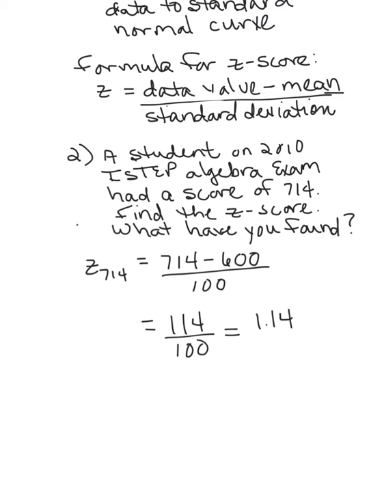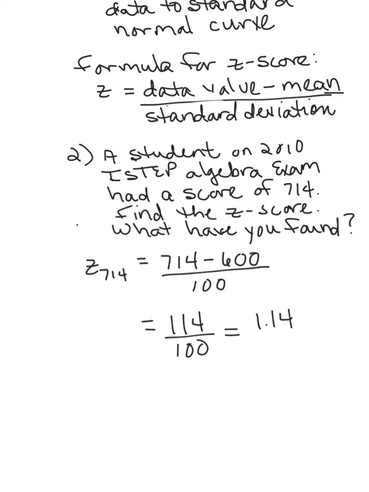And that's great, but what in the world is that? When you find a z-score, you are finding how many standard deviations the data value that you were given fell either above or below the mean or median.